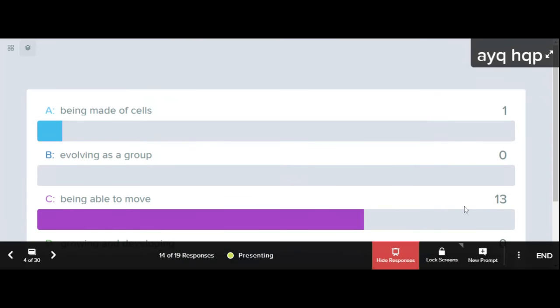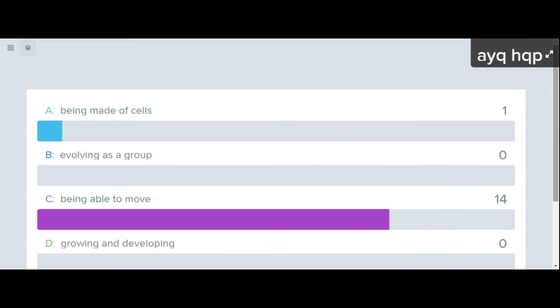Okay. Yes, very good. Movement is not really a good way to describe what all living things do, right? Not when you have a mushroom that is not able to move, but is certainly alive. So it has to be all of the characteristics of living things. You have to be able to apply them to a single-celled amoeba, to a mushroom, which is sessile and doesn't move, and to an animal.